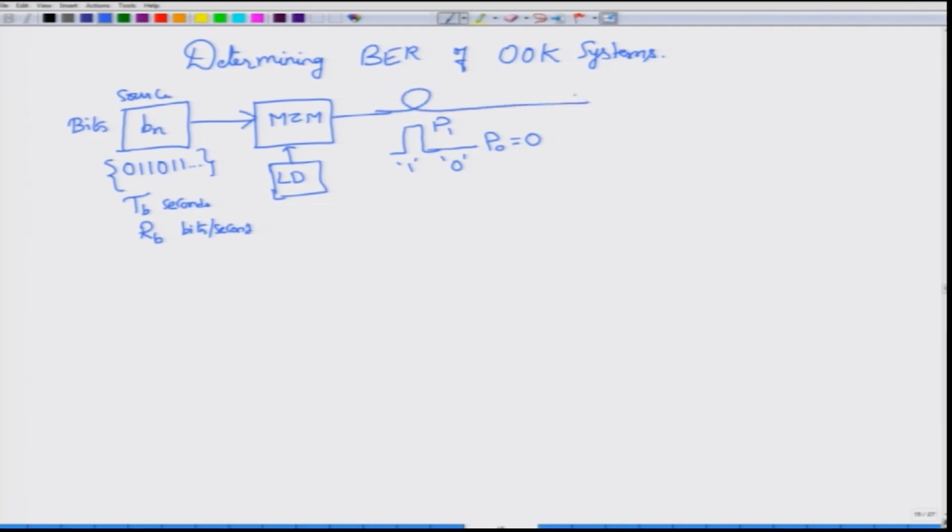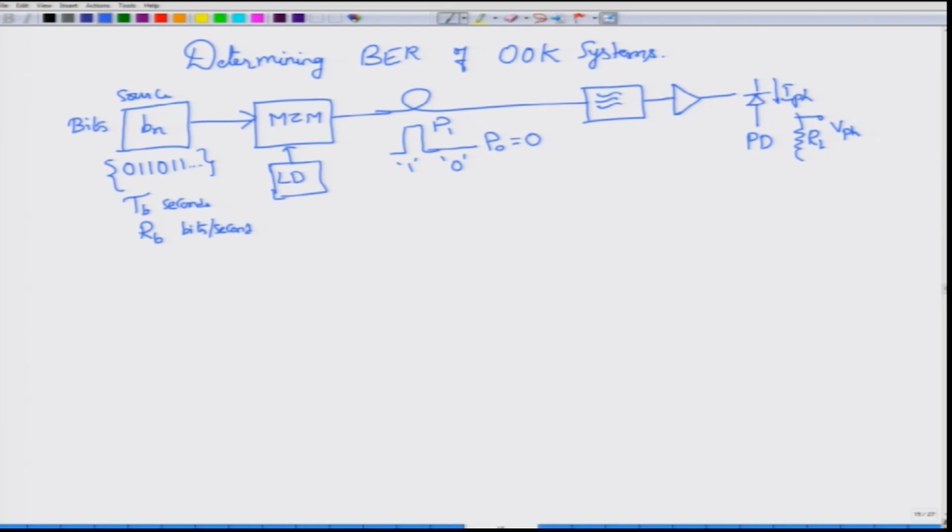This is then transmitted over the fiber. After transmission, we will assume that there is only one fiber link between the transmitter and the receiver. Okay. It comes to the receiver front end. At the receiver front end, you might actually have a band pass filter and an amplifier, or you can interchange the amplifier and the band pass filter, because you need to first amplify the signal and then filter out the ASE components, and after that eventually you are going to have a photodetector, correct. This photodetector would produce a photocurrent. This photocurrent flows through a load resistor, and the voltage across the load is the voltage generated corresponding to bit 1 and bit 0.